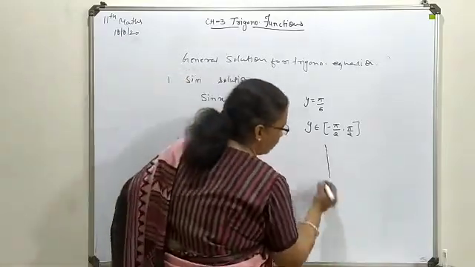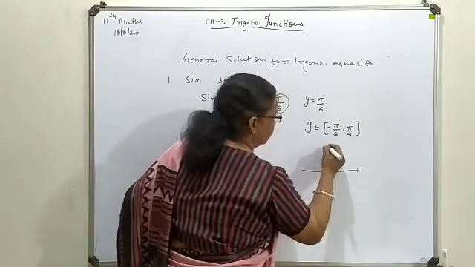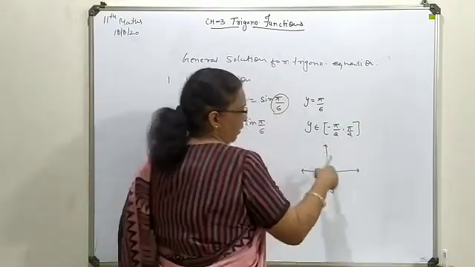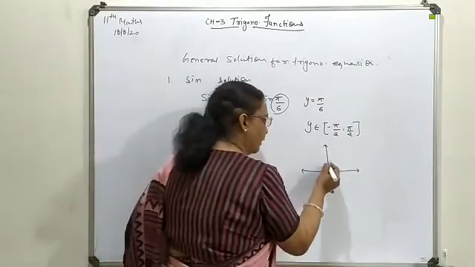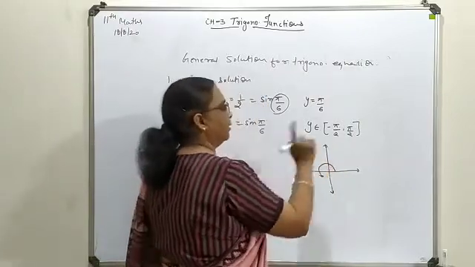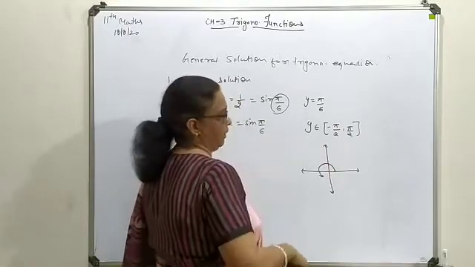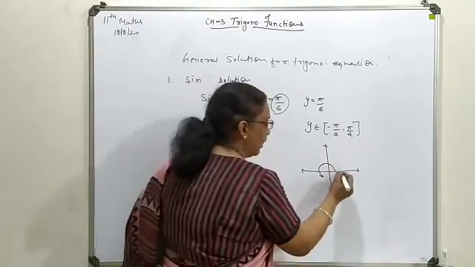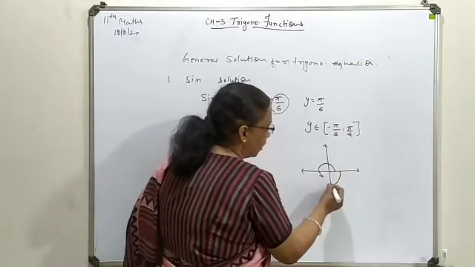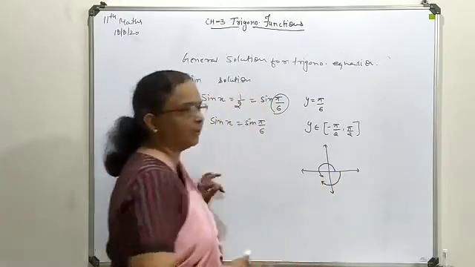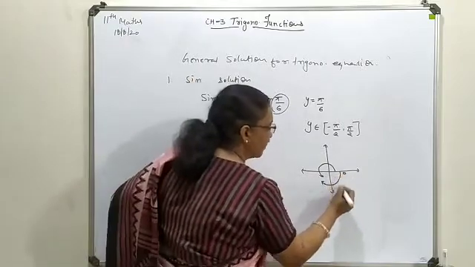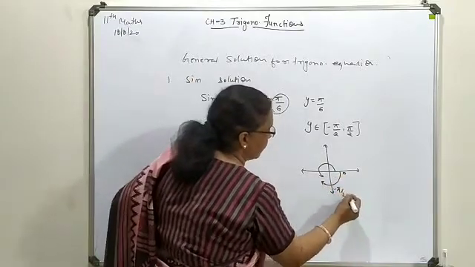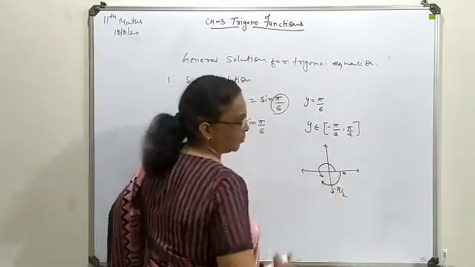When normally we represent any angle in a coordinate system, we use the anti-clockwise direction. So normally we represent an angle as a positive quantity, but when we move in the clockwise direction to measure the angle, it is considered a negative quantity. So from here to here, this will be considered as 0 to minus pi by 2.